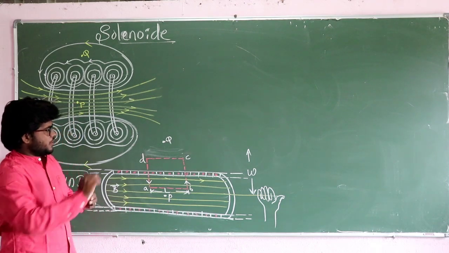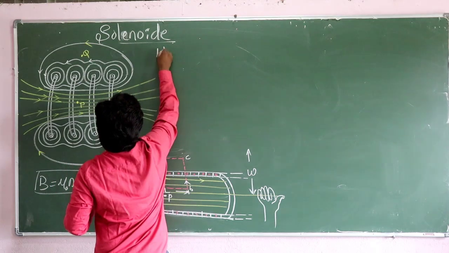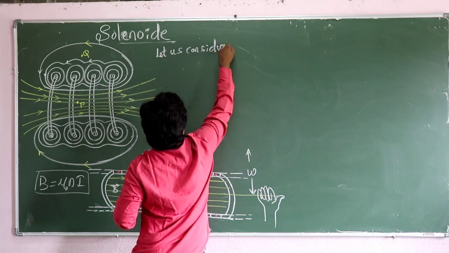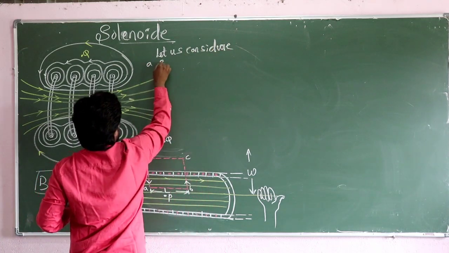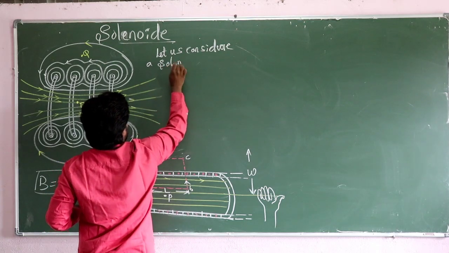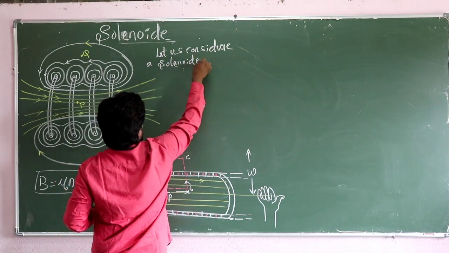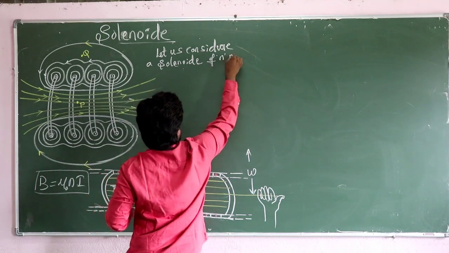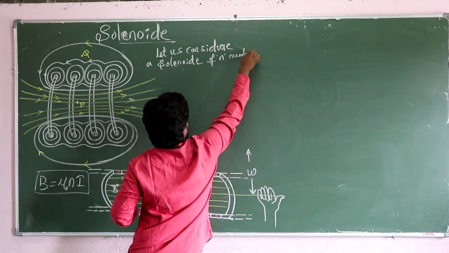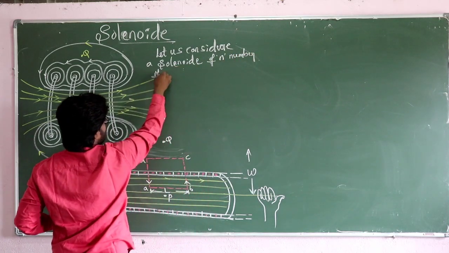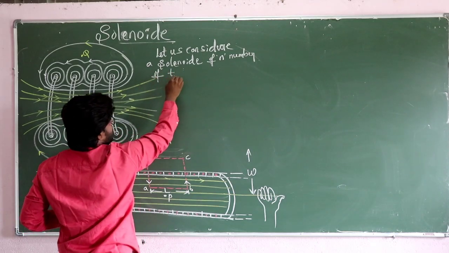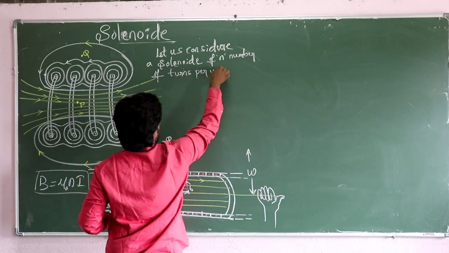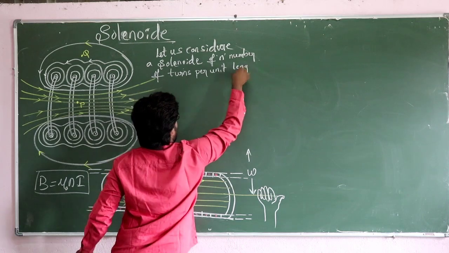So now let us start with the derivation. First, let us consider a solenoid of n number of turns per unit length.